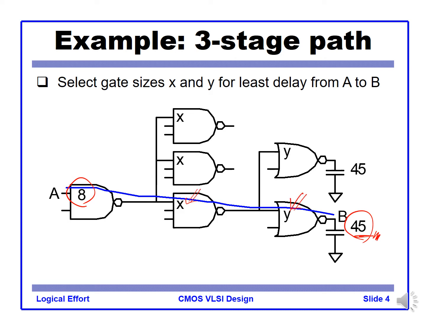So we will write down the logical effort and electrical effort for each stage, and the optimum stage effort, etc. Then based on that, we can calculate x and y. Okay.